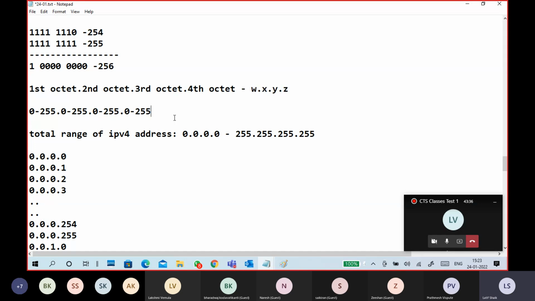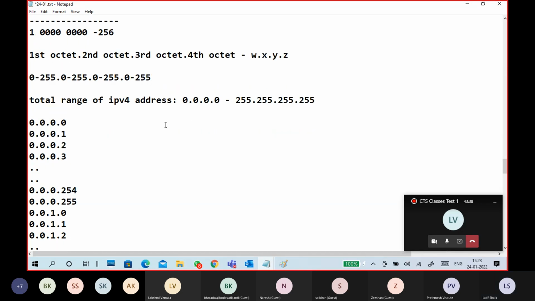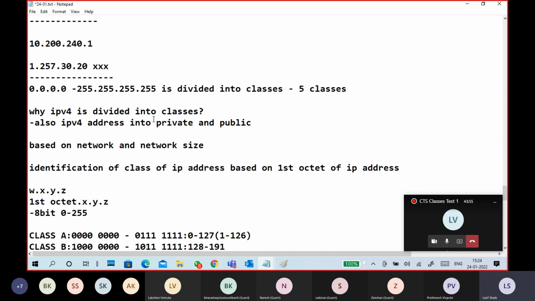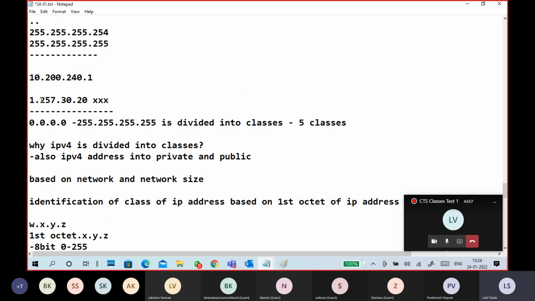It's not much different. Each octet is 0 to 255 only, in decimal format. If any octet is more than 255, it is an invalid IP address.